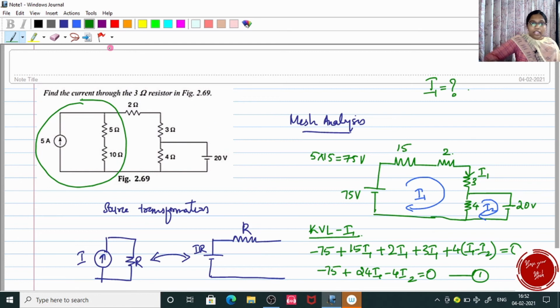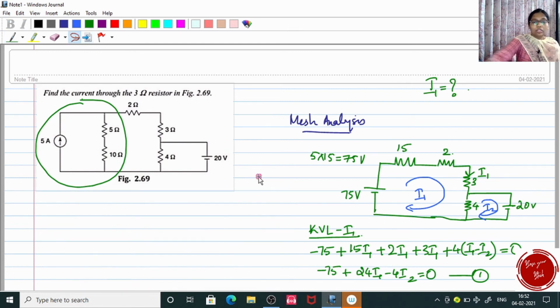Now let's write KVL for loop number 2. For KVL loop 2, we can see that there are only 2 components, one 4 ohm resistor and another 20 volt. So since I reach a resistor, I should write 4 into I2 minus I1 because we are concentrating on the second loop.